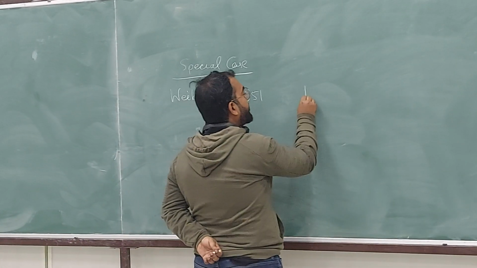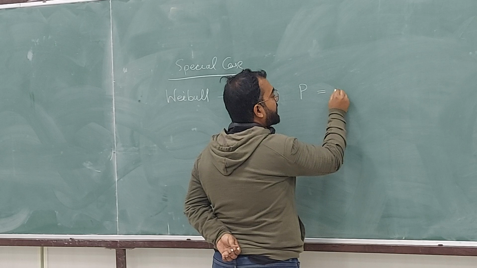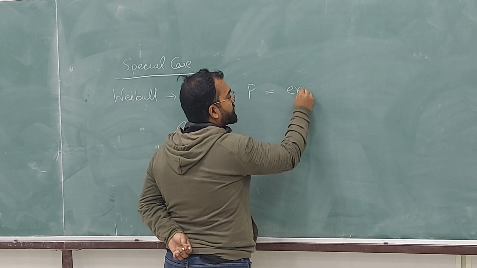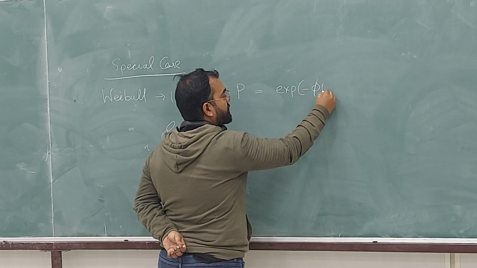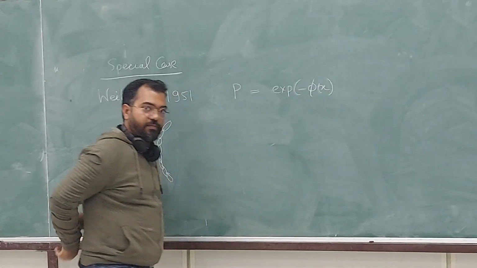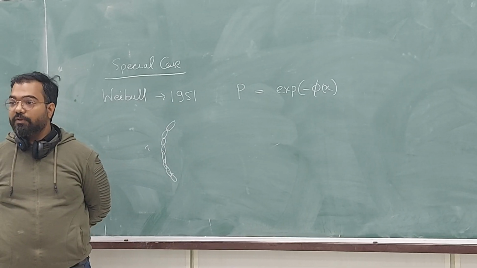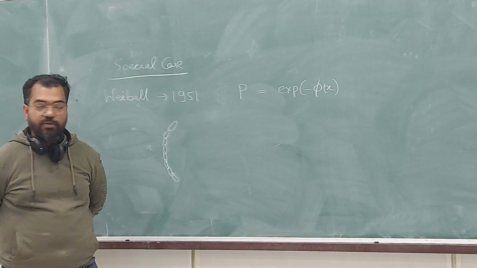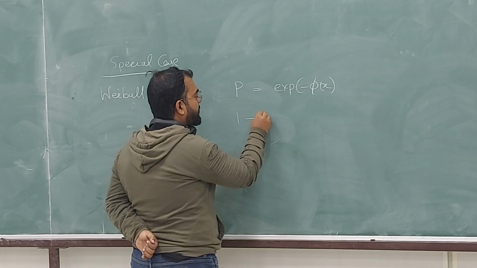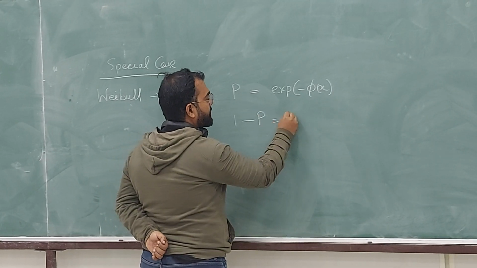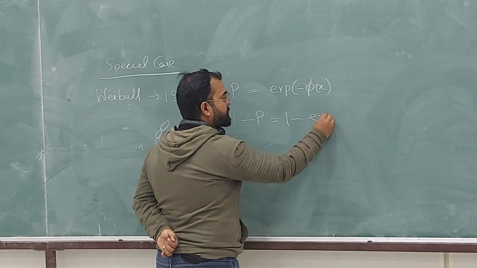And if the probability of failure of one of the links is exponential of some function, then the probability of non-failure of this link would be 1 minus p. So that will be 1 minus exponential of this.